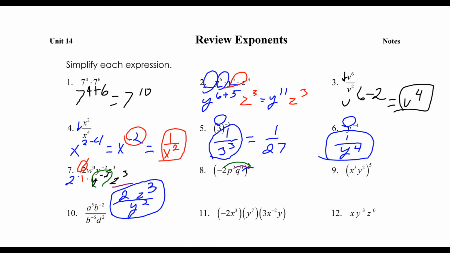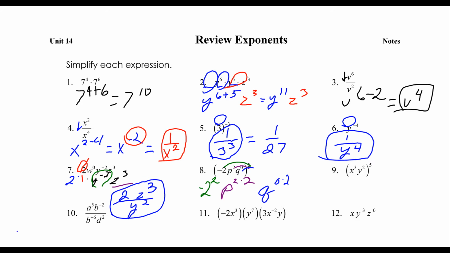So what we have, in all actuality, is negative 2 raised to the second, p raised to the 2 times 2, and then q raised to the 0 times 2. We multiply the exponents. When we raise a power to a power, we multiply the exponents together.